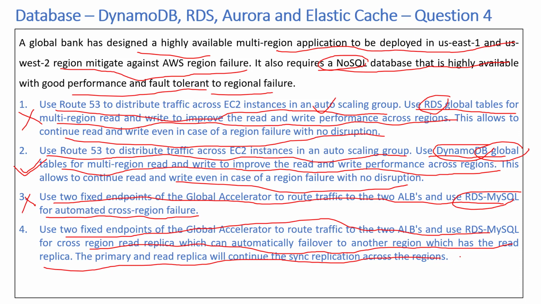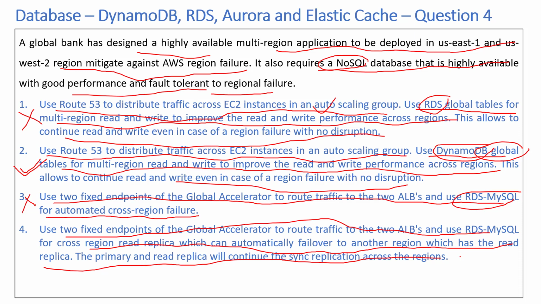So in this case, you can see you have the Global Accelerator for two LBs, which is okay. Then you are using RDS MySQL for cross-region replica. Again, this is not a correct answer because you are looking at a NoSQL DB.